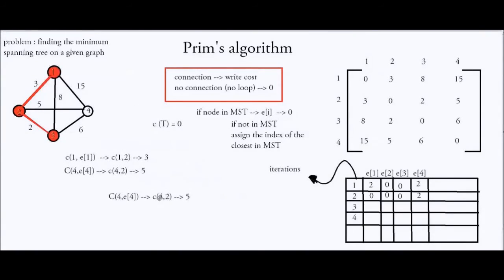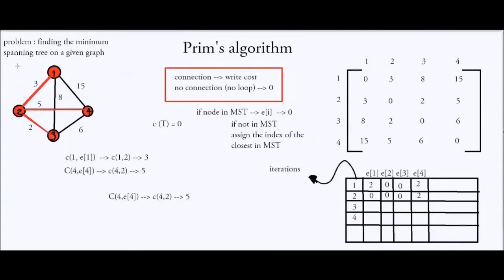Since it is the last, it has cost of 5. There's no way you can add it faster than this or with lower cost. You just have to add this one in your tree as well. So let's just add this one here like this.